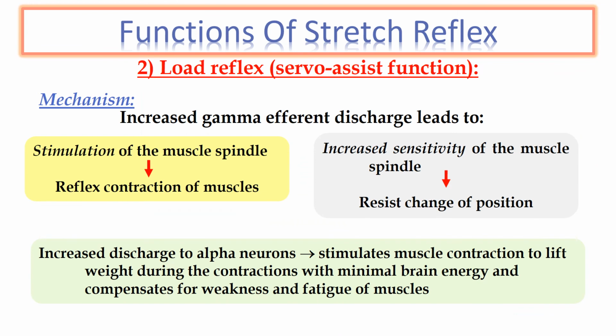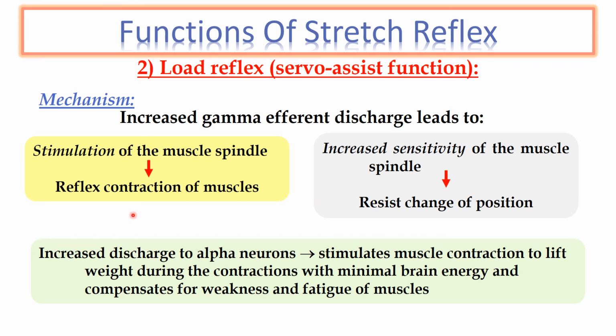Another mechanism to explain the load reflex: increased gamma efferent discharge. The stretching that occurs in the muscle will stimulate the muscle spindle, as we mentioned before, leading to reflex contraction of the muscle and increasing the sensitivity of the muscle spindle to resist the change of position, as we said during threading a needle.